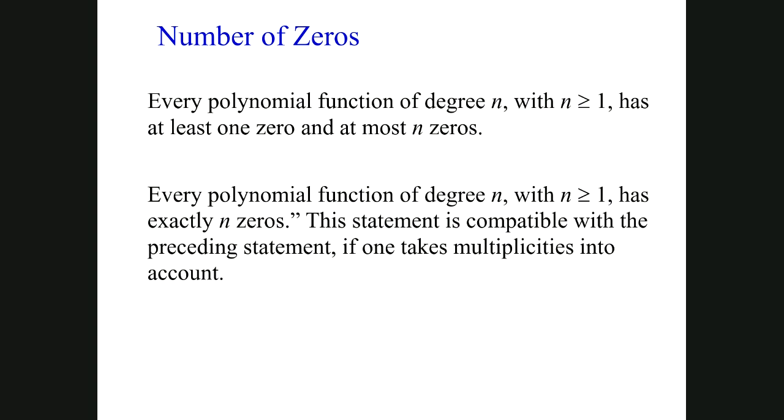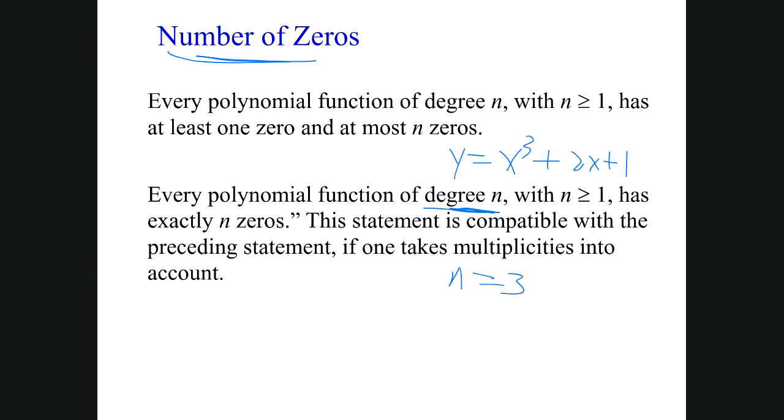All right, so how many zeros can you have in a polynomial? Okay, when you have a cubic y equal to x cubed plus 2x plus 1, right? So this is a cubic function. So my n here, the degree, is 3.